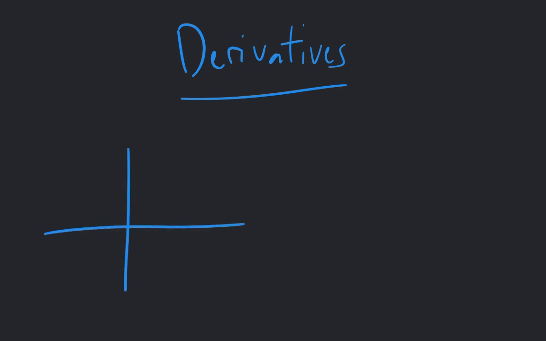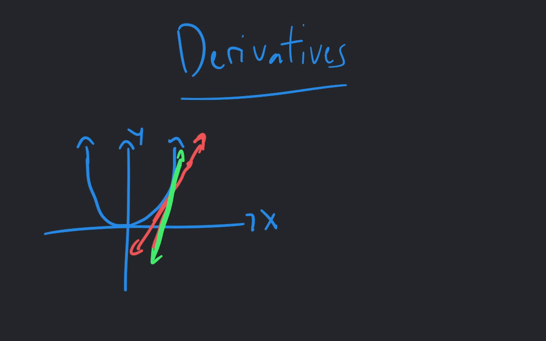So, for example, if we have x squared, we can find out that there's a tangent function right here. This tangent function changes as we move on different points of the graph, getting steeper and steeper, or even more shallow, less of a slope.